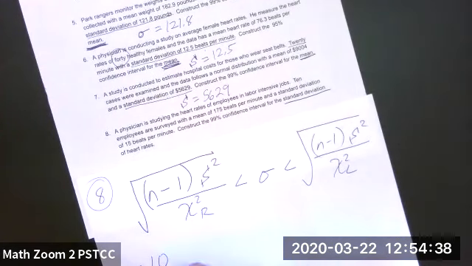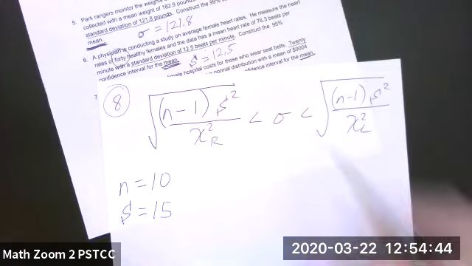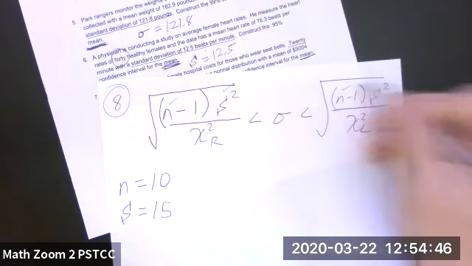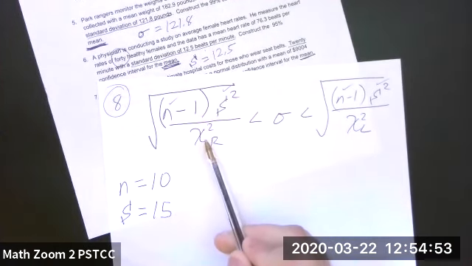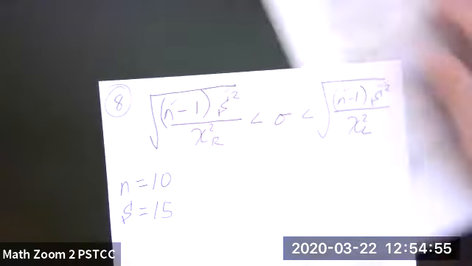The sample standard deviation is 15. So we have this. What we are missing are the chi-squared critical values left and right. And for this, we'll need to draw the picture.